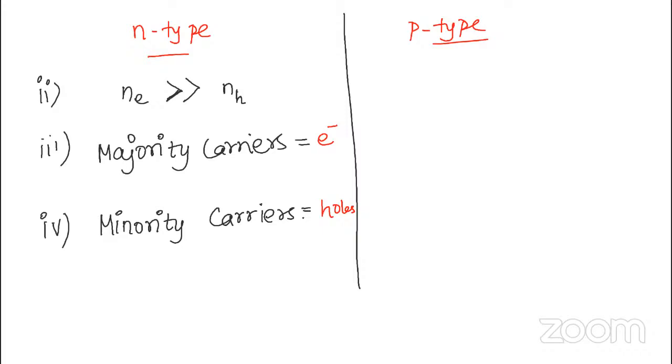So similarly here, for the second point, the number of holes will be maximum. For the P type, the number of holes will be maximum when we compare to the number of electrons. And the third one, the majority carriers.